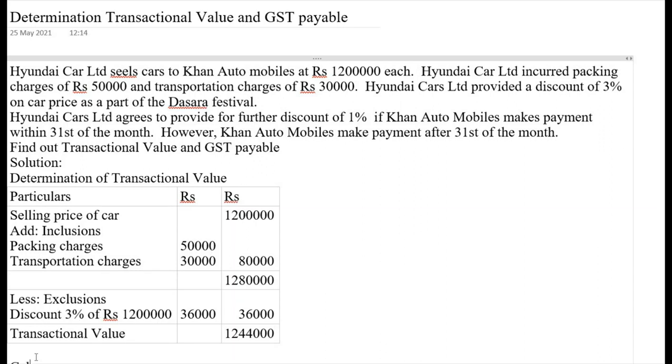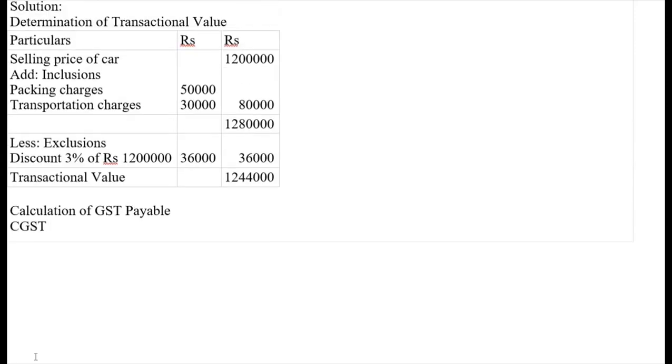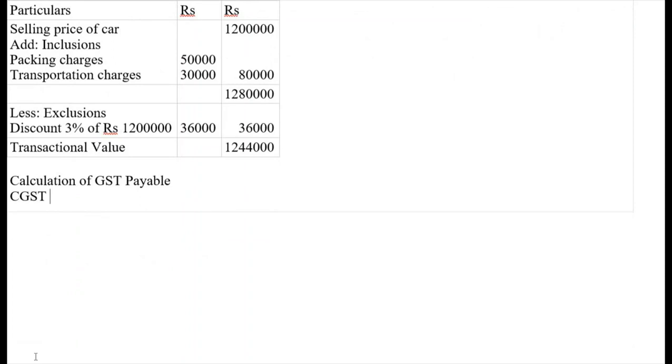Then calculation of GST payable. So here the rate of GST is given as 28%. So CGST at 14% of rupees 12,44,000 equals rupees 1,74,160.